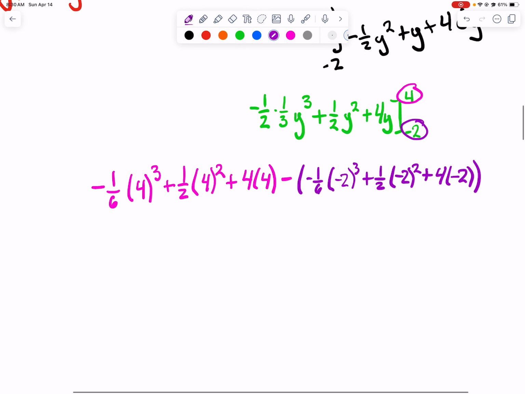All right, let's simplify here. Simplifying the right side, we're going to get -1/6 times 4 to the third, which is 4 times 4 is 16, times 4 again is 64.